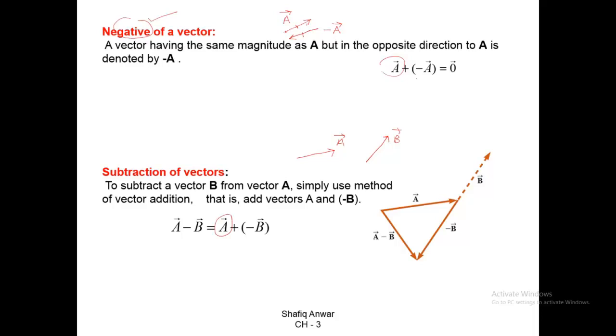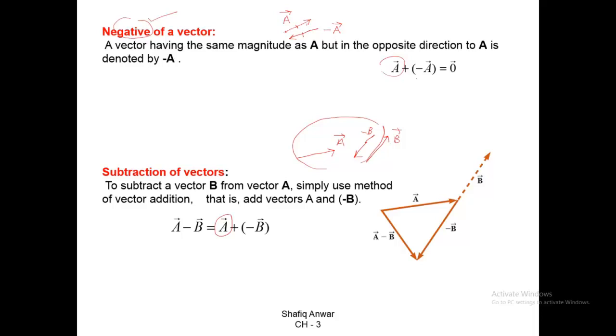The other vector you need is minus b. So b is this one and minus b will be like this. So you have to add these two vectors now. We don't need b vector, we need minus b and a. Here is a vector addition with minus b.